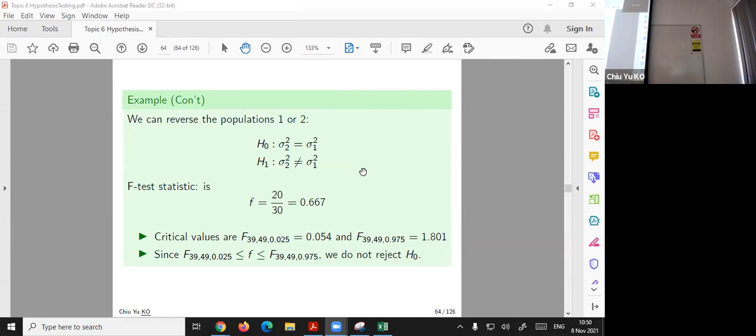Okay, because from this exercise, you should be able to see that F with n1 minus 1, n2 minus 1 should be the same as F with n2 minus 1, n1 minus 1, right? You just flip it, you just invert, you just reverse. So everything is the same thing.